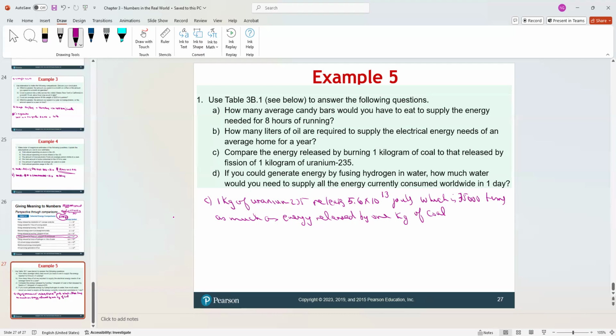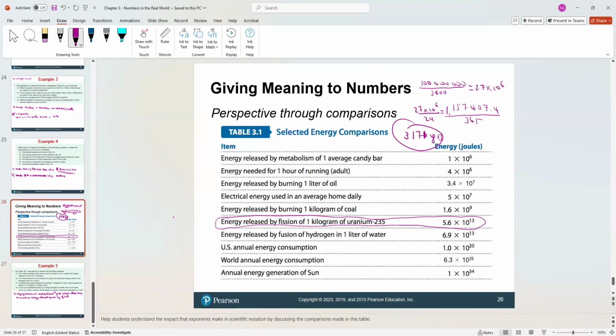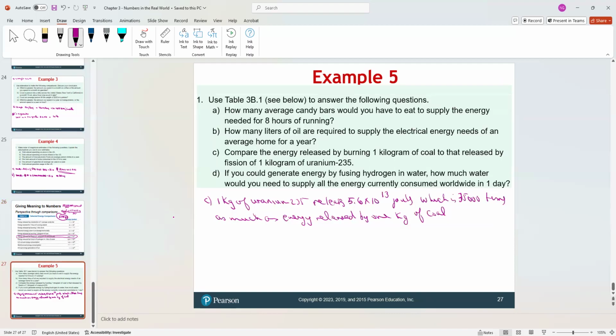Okay. What is the 1 kilogram of coal? Let's go back to see. 1 kilogram of coal is 1.6 times 10 power 9 joules.